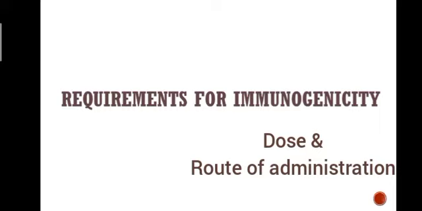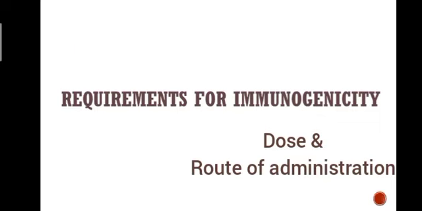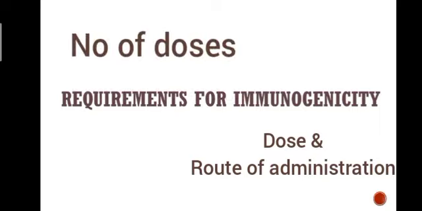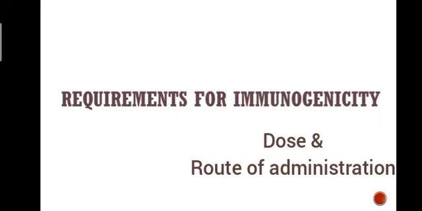Besides the need to administer a threshold amount of immunogen to induce an immune response, the number of doses administered also affects the outcome of the immune response generated. The route of administration also affects the outcome of the immunization, because this determines which organ and cell populations will be involved in the response.